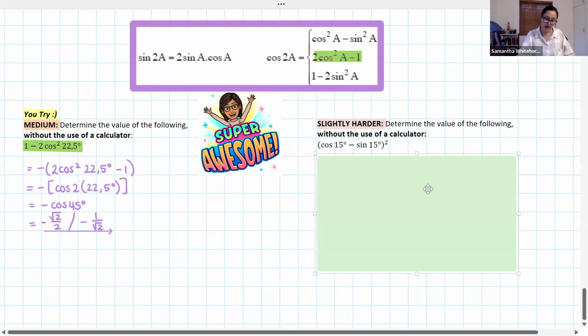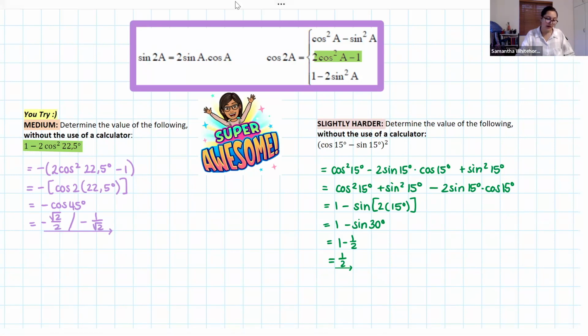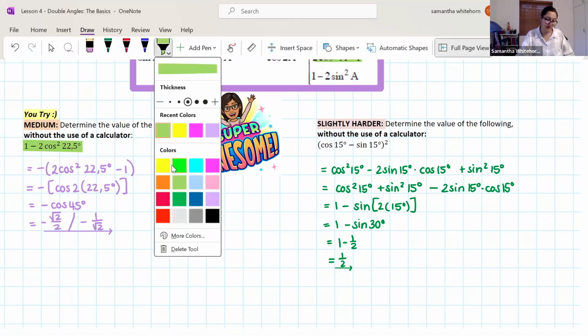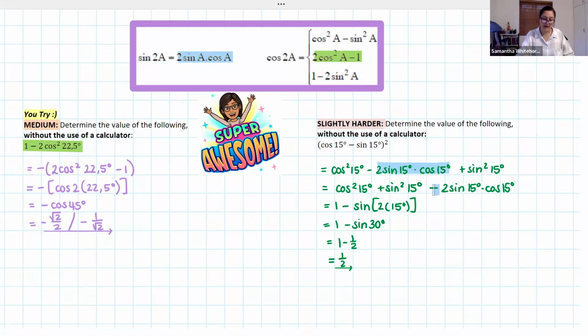Okay, when it came to the slightly harder one, purely because you had to do the distribution and you had to identify 2 different identities that you were working with. So it's very similar to what we just had. The fact that you had the 2 sine 15 cos 15 obviously means that you can apply your sine double angle identity, but remember it's negative.